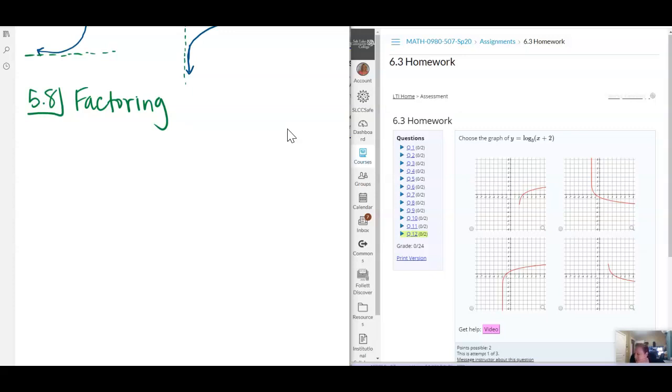So let's look at a couple of different things on that and make sure that you understand. When it says to factor out the GCF, the greatest common factor, you first got to make sure that you understand what that means. What is a greatest common factor?